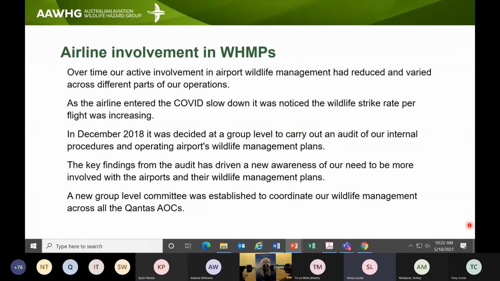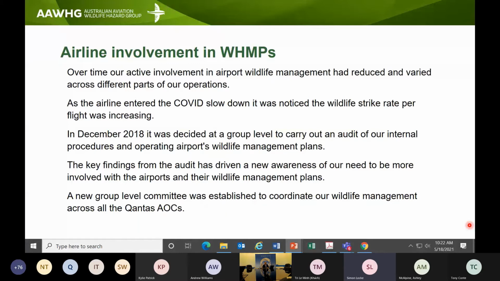We looked regularly at the data from the ATSB. We tracked our own sort of data to a point, but we never really had a system in place. But it was noticed by all of the airlines within the Qantas group that for the number of flights that we were operating, we were having far more animal strikes and bird strikes than before. And we realised we didn't have enough data to try and actually make some sense of this.